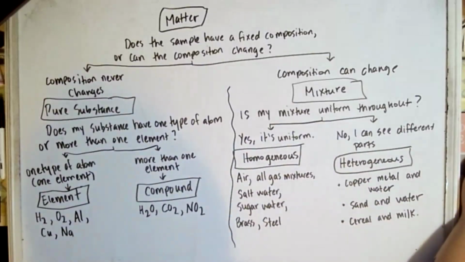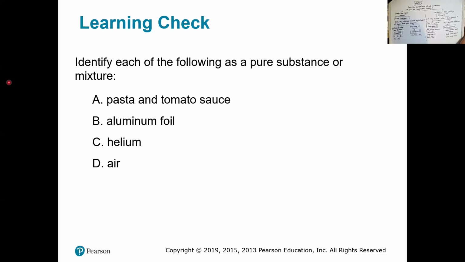So let's look at some of the questions for the classification. Share my screen again. All right. So it says identify each of the following as a pure substance or a mixture. So pasta and tomato sauce, we have a lot of different components that make these up, but pasta and tomato sauce is not something that is going to exist in a fixed composition, right?